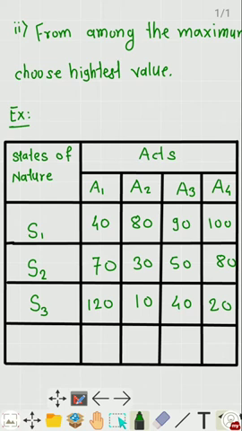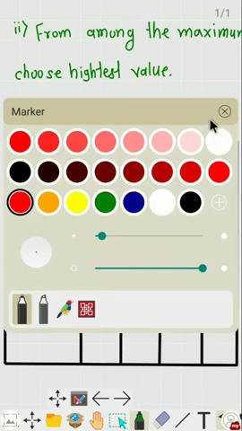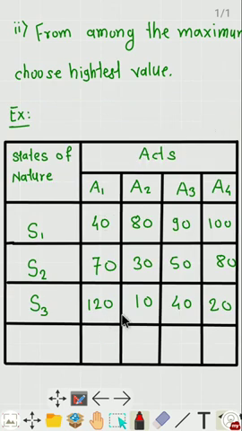What we have to do is find, for each act, the maximum amongst all the profits. For the first act, the maximum value is 120. For the second act, the maximum value is 80. For the third act, the maximum value is 90. For the fourth act, the maximum value is 100.